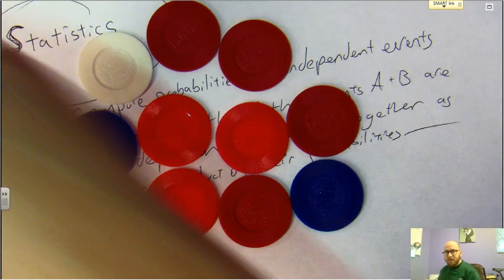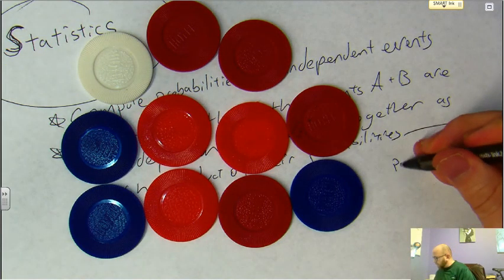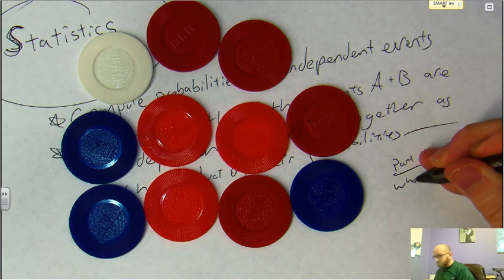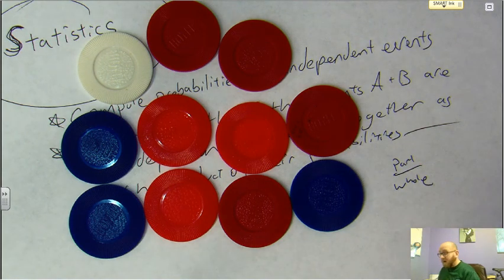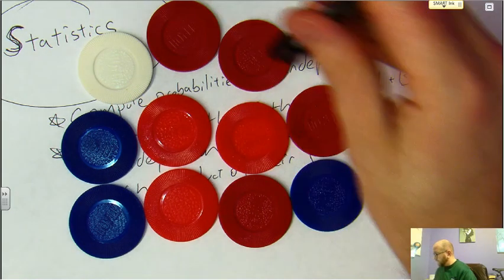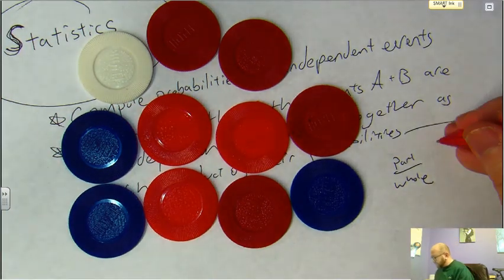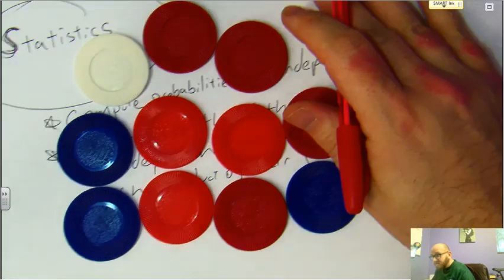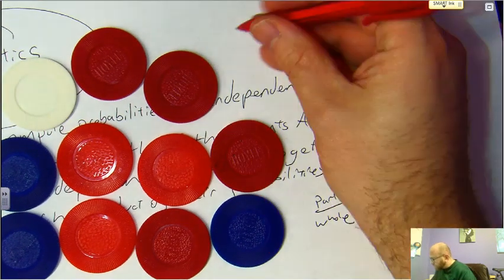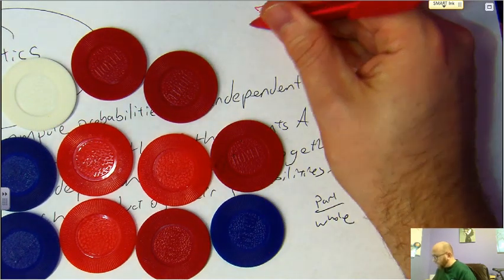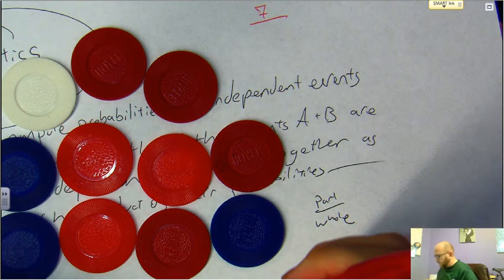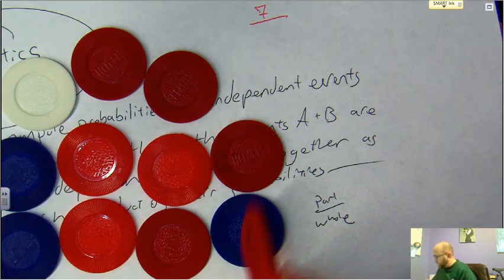Well, probability is always going to be the part over the whole. So when I'm looking at this, I need to figure out what part are red ones and what is the whole number. I see that I have 1, 2, 3, 4, 5, 6, 7 reds. So I have 7 reds out of a possible 7, 8, 9, 10, 11.